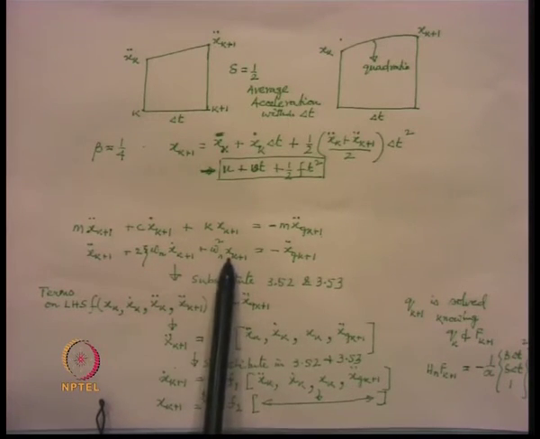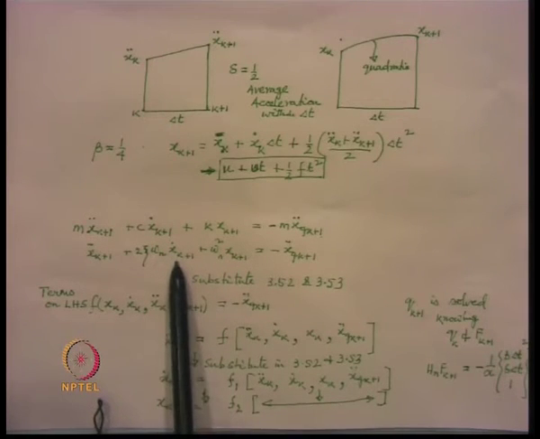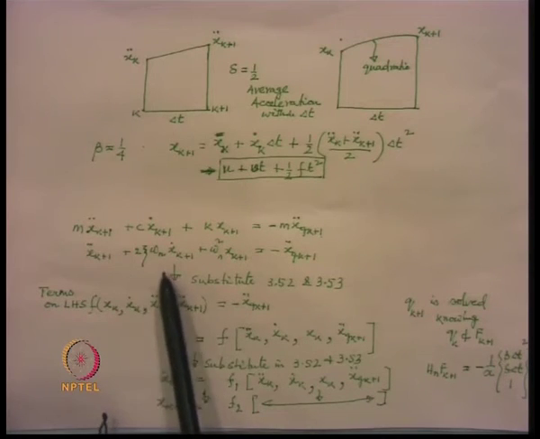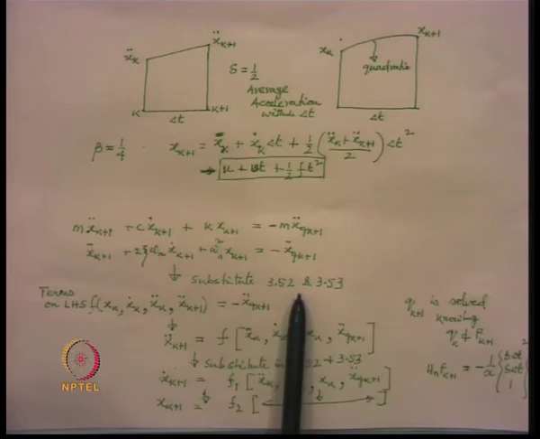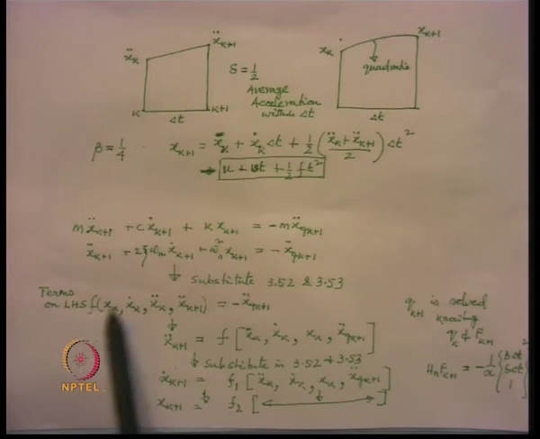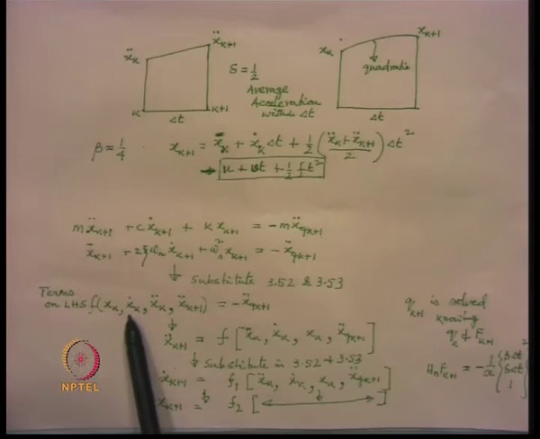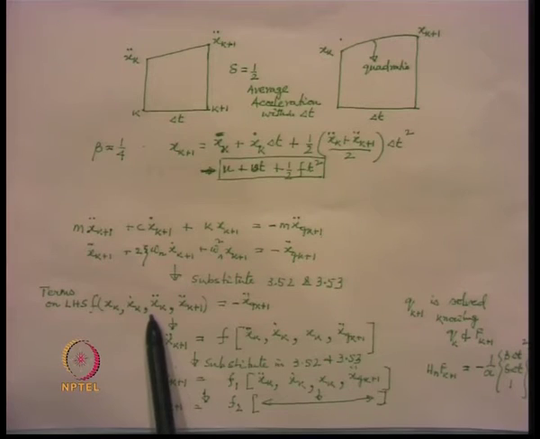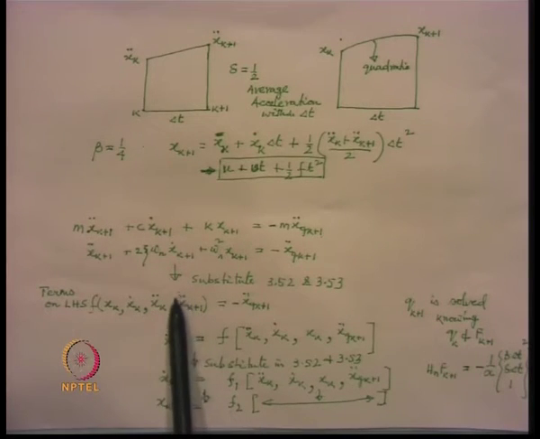So, x k plus 1 and x dot k plus 1 are now written using equations 3.52 and 3.53 that we have described before, and once we substitute them into the equation, the left hand side would be in terms of x k, x dot k, x double dot k, and the acceleration x double dot k plus 1.